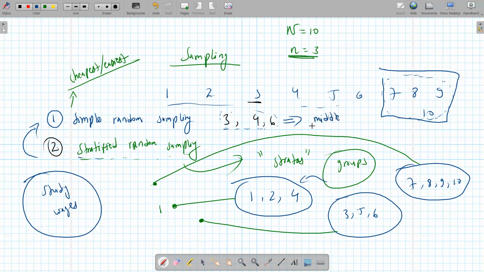It's not very high, mid to low, because you're taking a sample of people in the middle and people in the low class. Whereas if you pick a stratified random sampling, every group gets a representation. So this is always going to give you a better conclusion or a better result, okay?